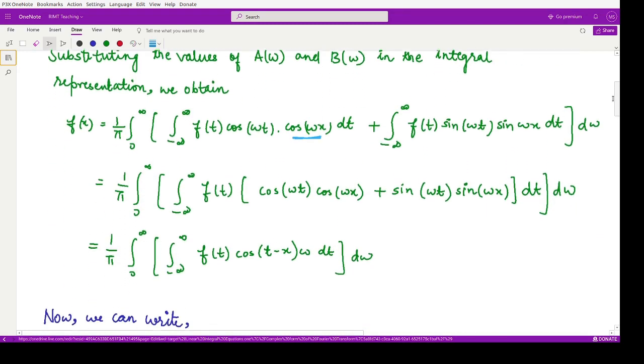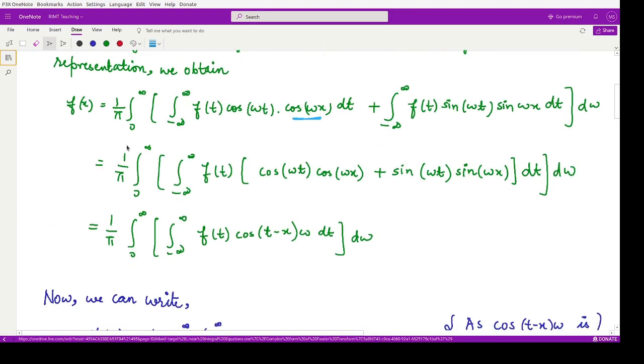Next, we can take f of t common from this term and this term, along with the integration, so we will be left with cos omega t cos omega x plus sin omega t sin omega x.